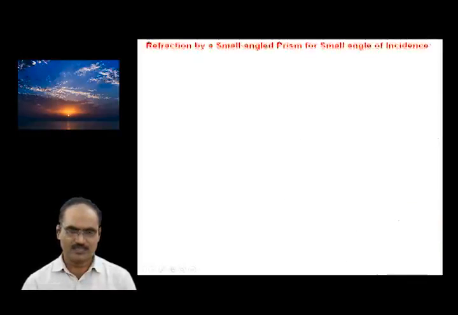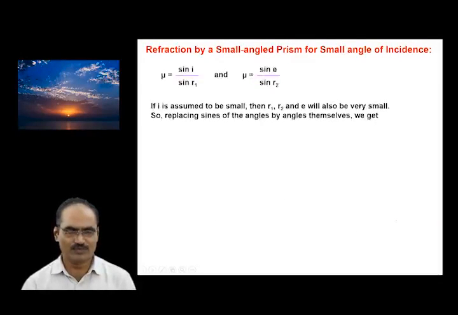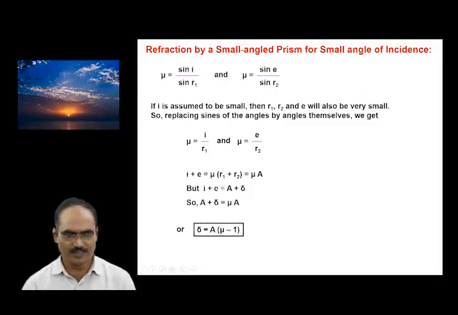So the same thing we will write here: delta is equal to A into mu minus 1.